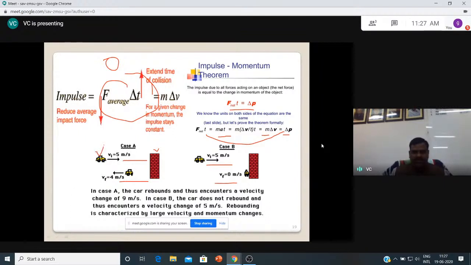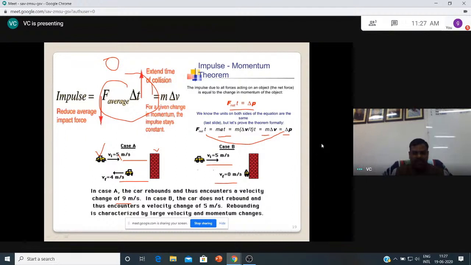If you can see, 5 meters per second initially, and the car rebounds. The change in velocity means final minus initial, and since it is in the opposite direction it is negative: 5 minus minus 4, which is 9 meters per second.